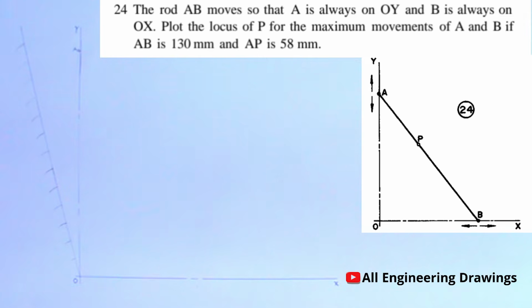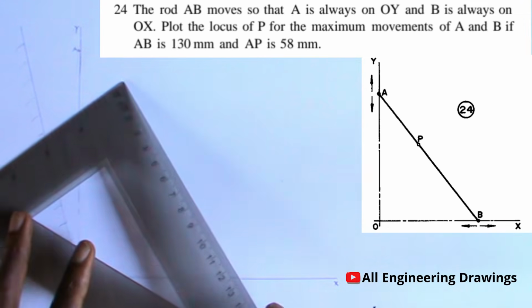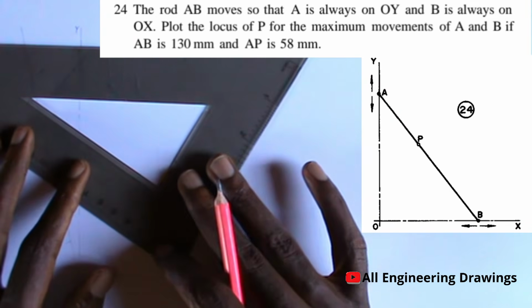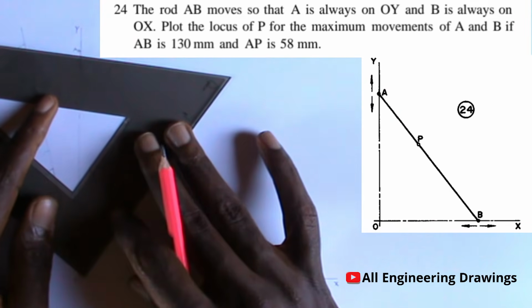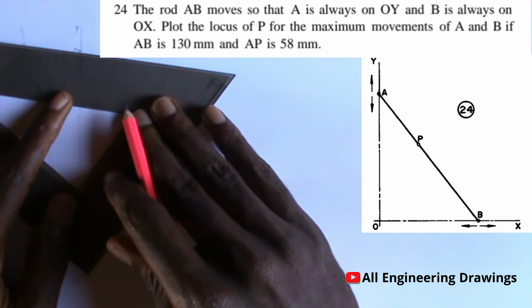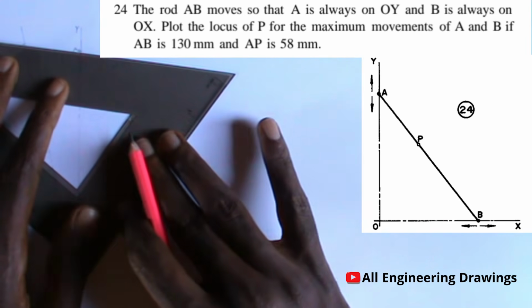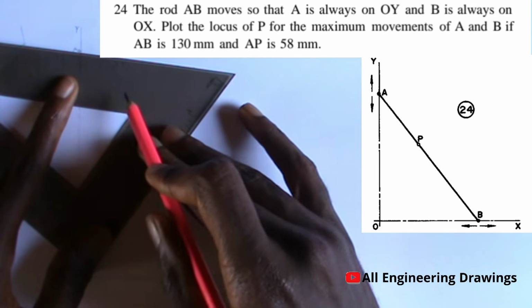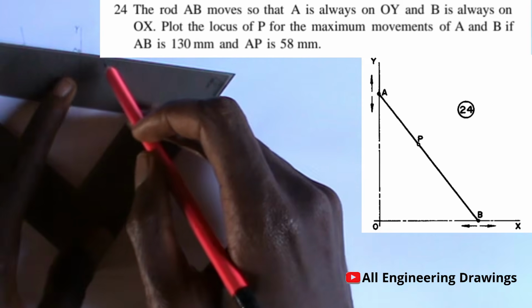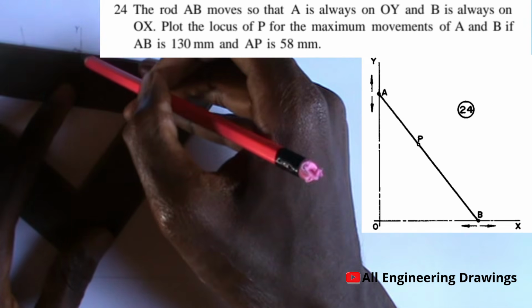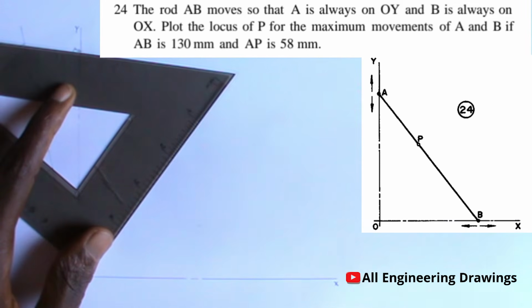Next, you position your set square this way. Your set square should be positioned in such a way that this side of the set square passes through the last point you marked and your point A0.